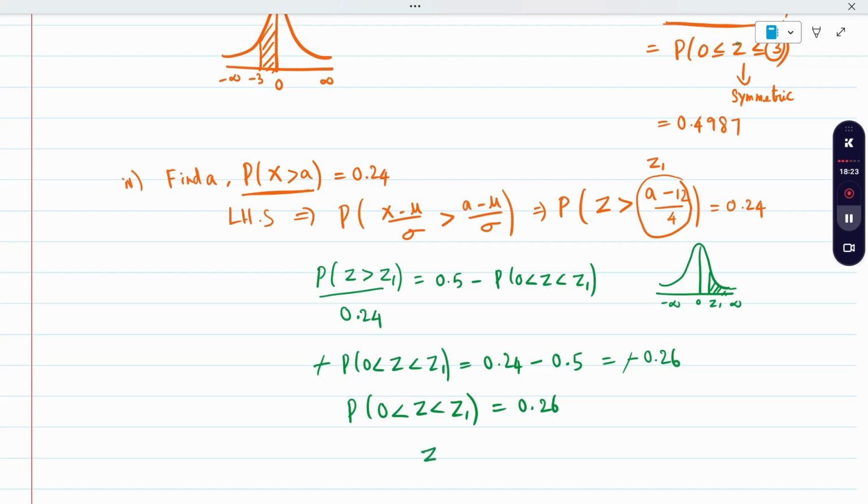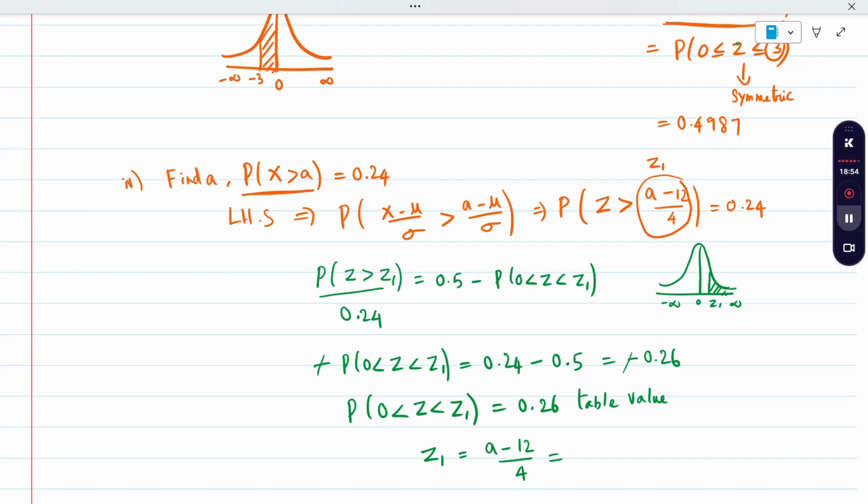Already, Z1 is nothing but A minus 12 divided by 4. Okay, so Z1 is nothing but A minus 12 divided by 4. Now see the table value. 0.26, we have to see the table value.